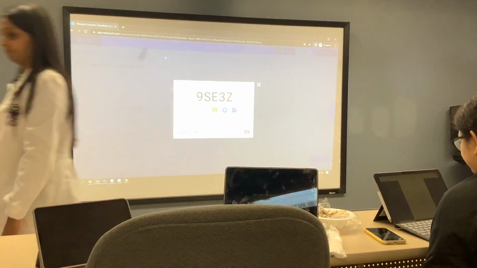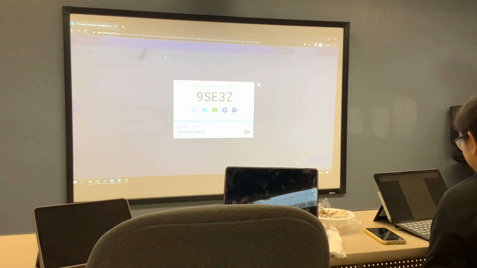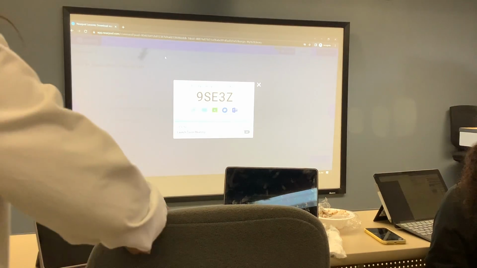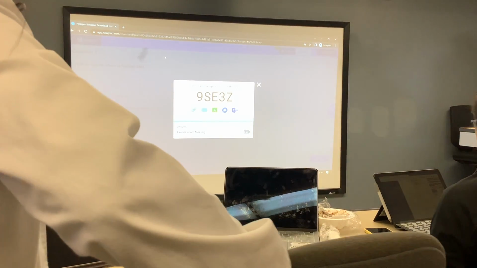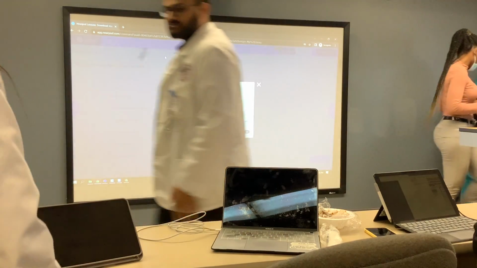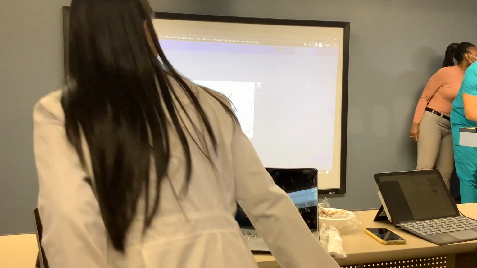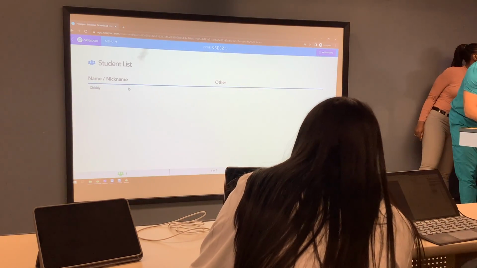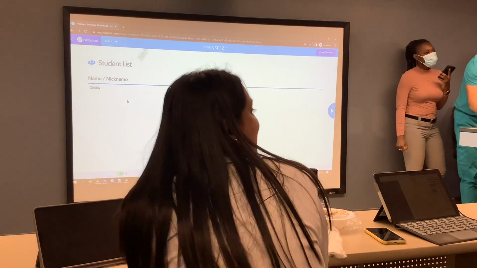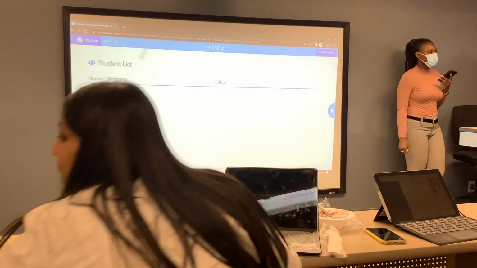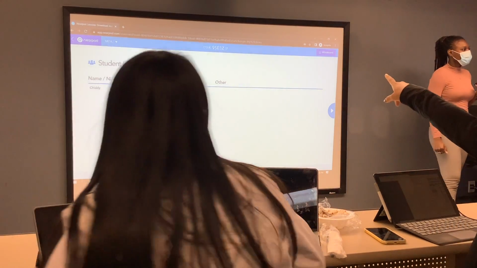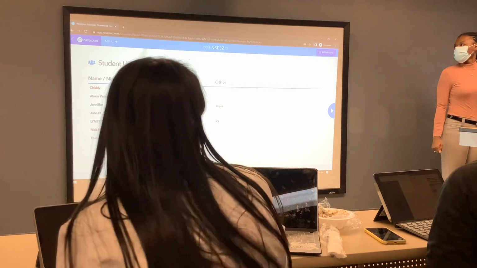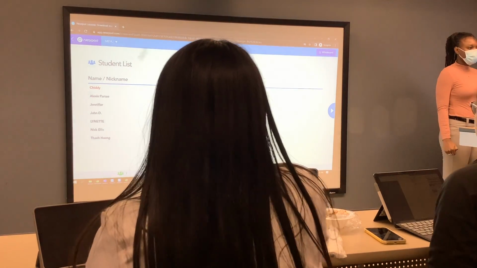Everybody got it? Can you show the code one more time? It looks like we have around 15 people, 29 people. What was the code? It's up top.